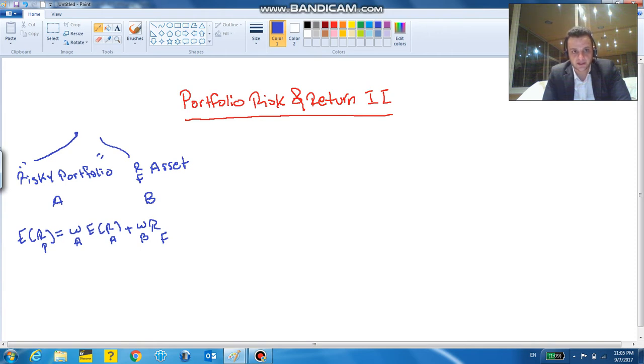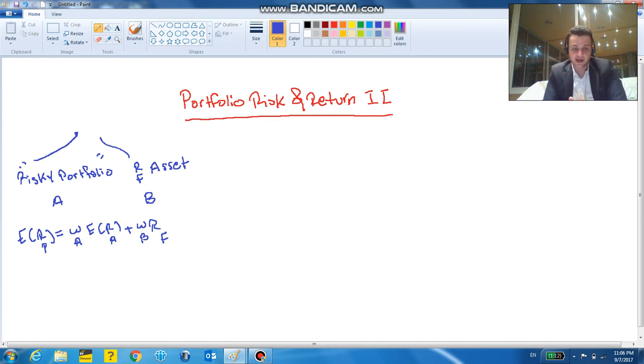Now remember, different investors have different expectations, so they have different beliefs about what would be the optimal risky portfolio. If we all have the same expectations with regard to this optimal risky portfolio, then it would be called the market optimal risky portfolio.